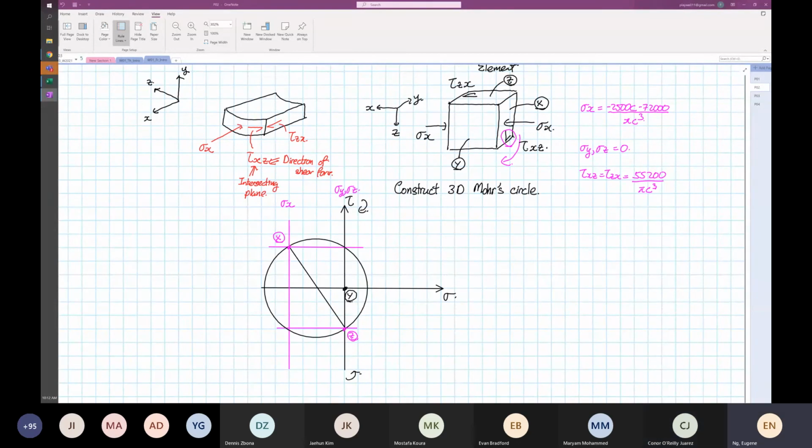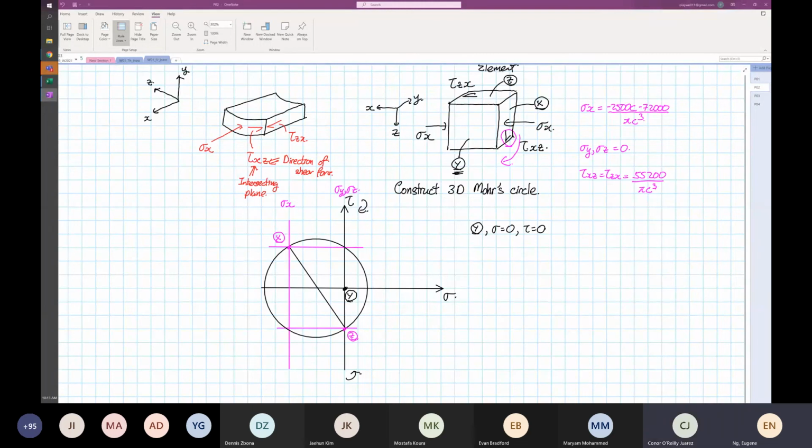Professor, how do you know to label those specific points X, Y, and Z on Mohr's circle? Because at point Y, the normal stress is equal to 0. The shear stress is equal to 0. Yes or no? Right, so point Y over here is this Y over here.